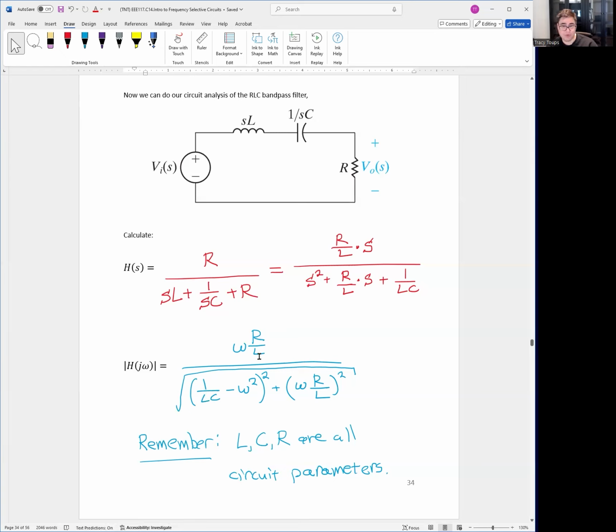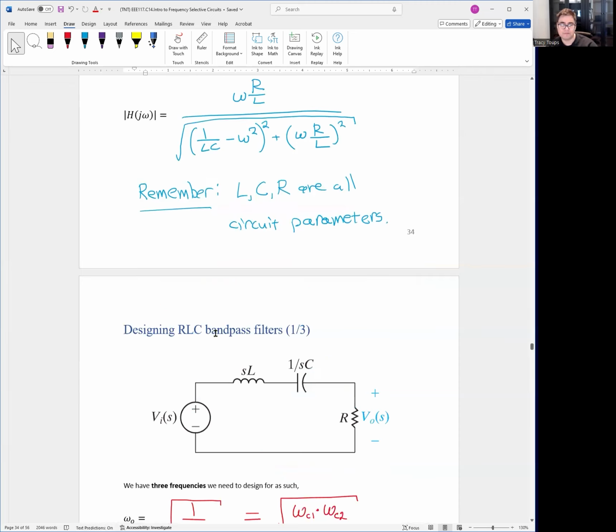These will all be numbers. The only thing you need to plug in is your frequency, omega. When you want to find the gain at 5,000 radians per second, you just plug in 5,000 for W, number crunch in the calculator, and you're done, okay? So don't get too scared with variables all over the place.